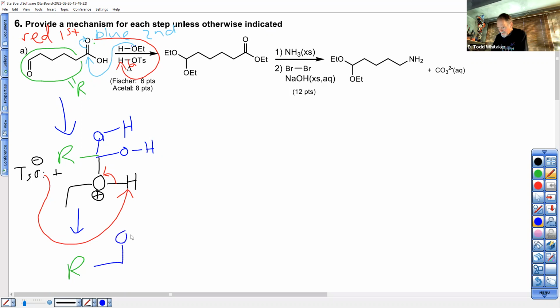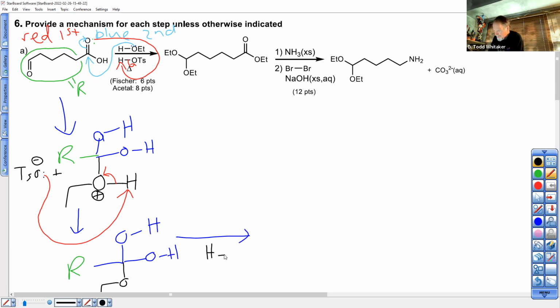That means it has H2O extra over what an ester has. It's got the O-ethyl group that an ester would have. And we need to make it lose water. And to do so, you've got to protonate one of the OHs to make it into a better leaving group. I'll choose the bottom one.